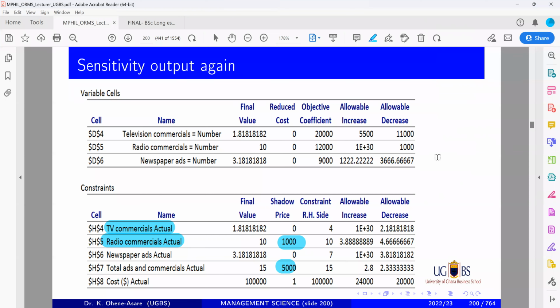Just increase it by 220 and you will notice what happens to the optimal solution. Could the optimal solution rearrange itself and still give us no change in the objective function value? Or will the optimal solution have to remain as it is? Go find out.